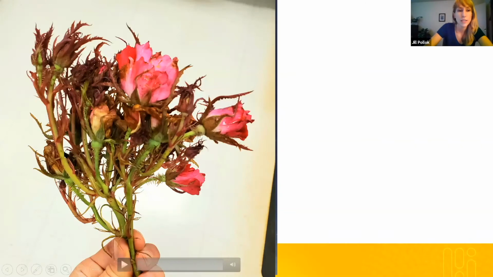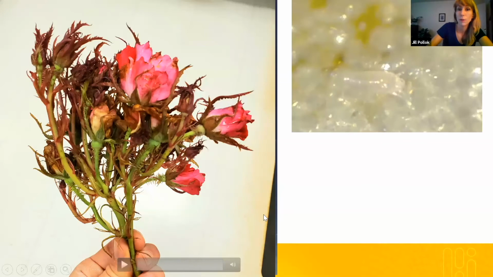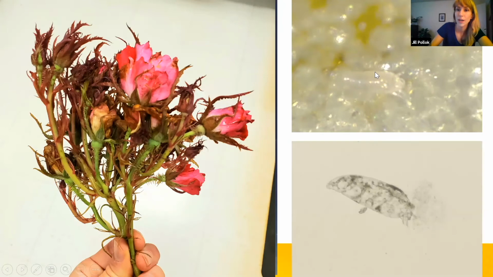So the mites like to hang out in the flower buds or leaf buds. And here is a bad picture. This was my highest magnification here of the little mite. And I put it under my compound scope and I smushed it. But these are tiny, tiny little mites.